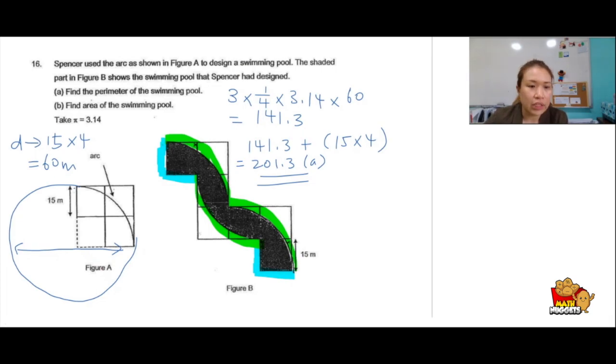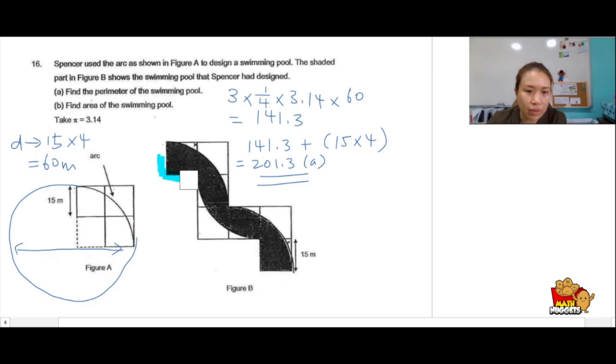Part B, we're supposed to find the area. Okay, so for the area, let me just erase what I have there. Let's draw a line down here and continue drawing the line further down.